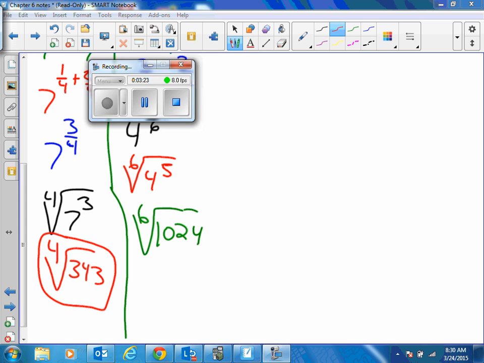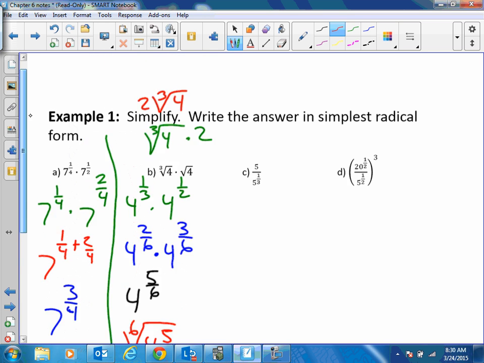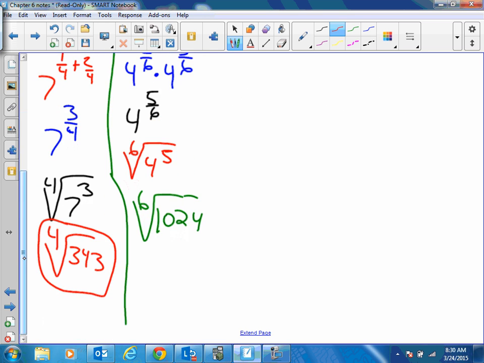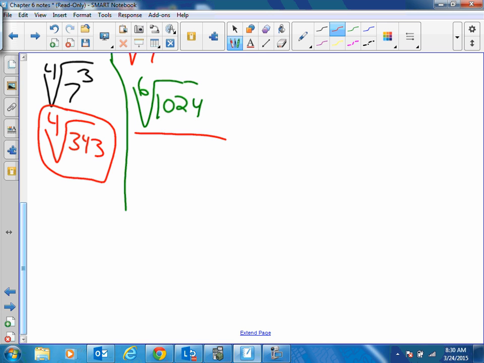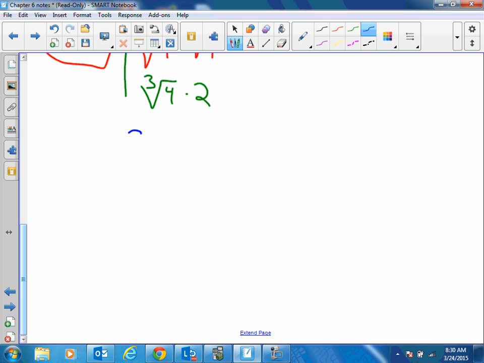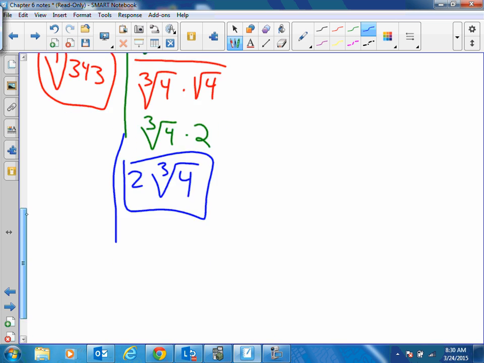Another way I would accept the answer is, let's rewrite that. I would accept either way. We have the cube root of 4 times the square root of 4. Well, the square root of 4 is 2. So you can write it as 2 times the cube root of 4. Technically, this would also be acceptable as an answer. Either way works. If you can simplify the radical, do it.